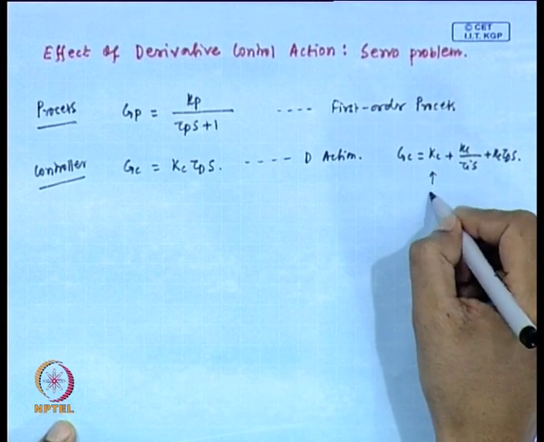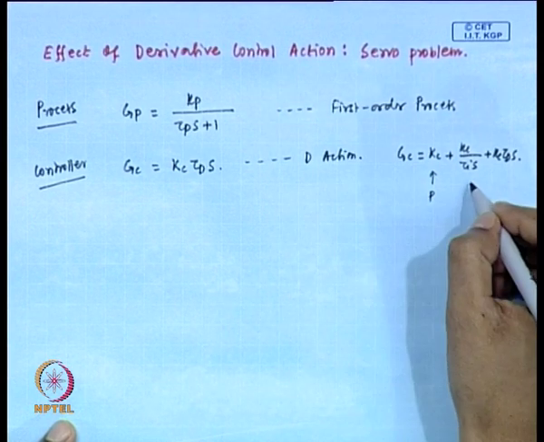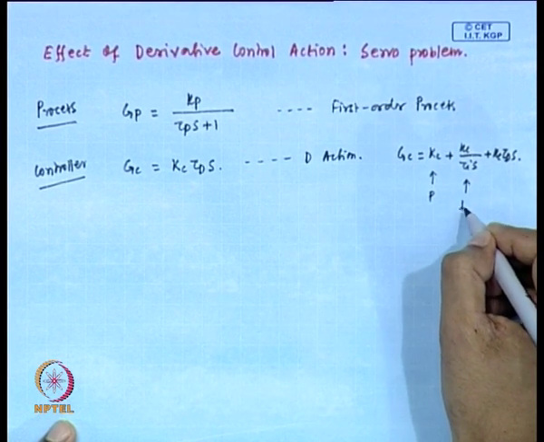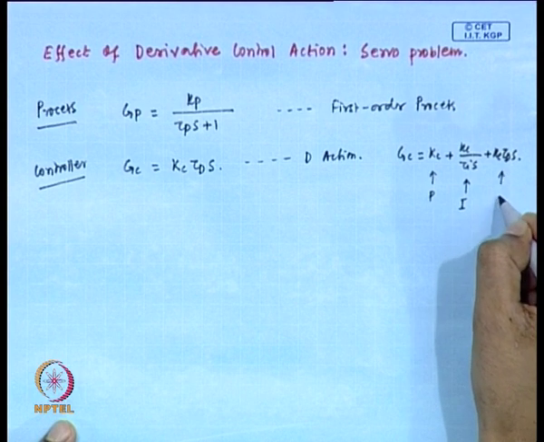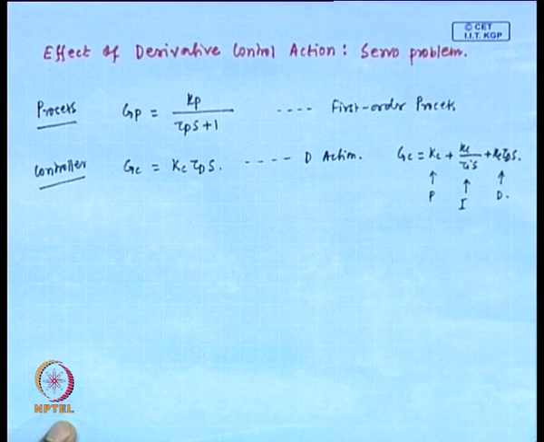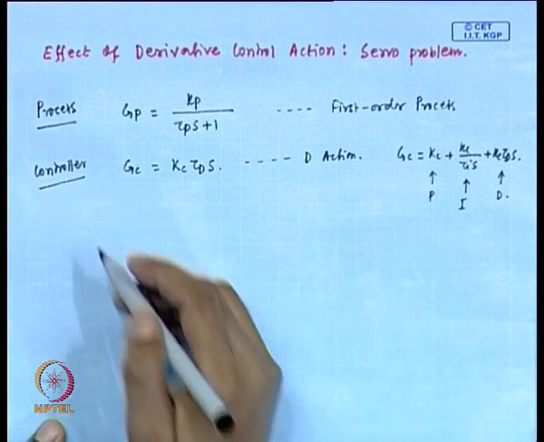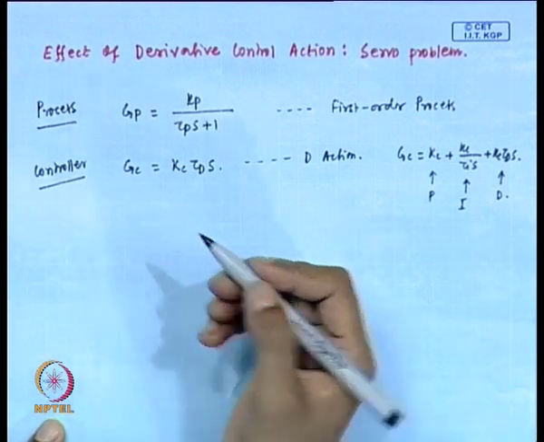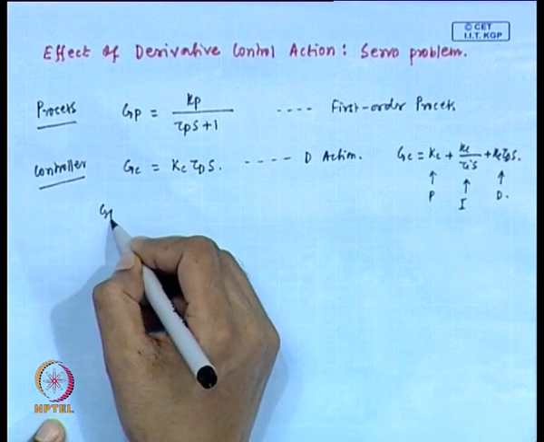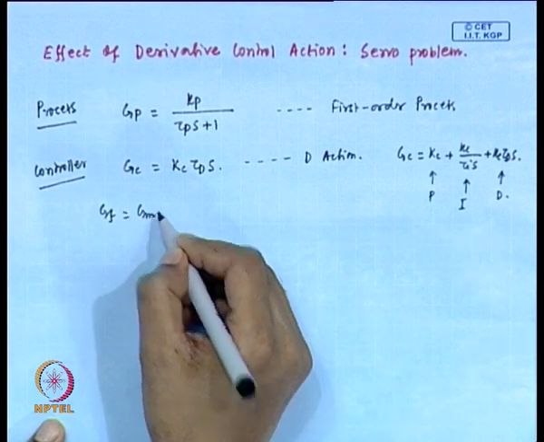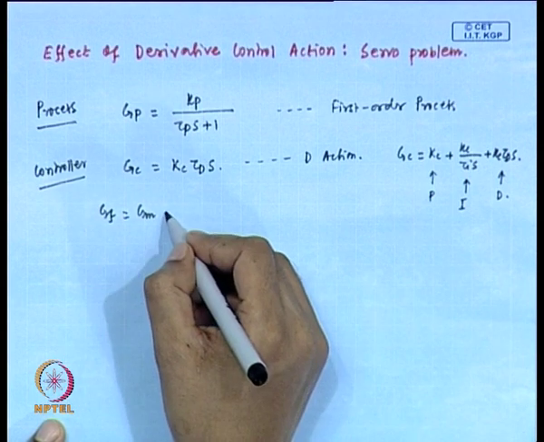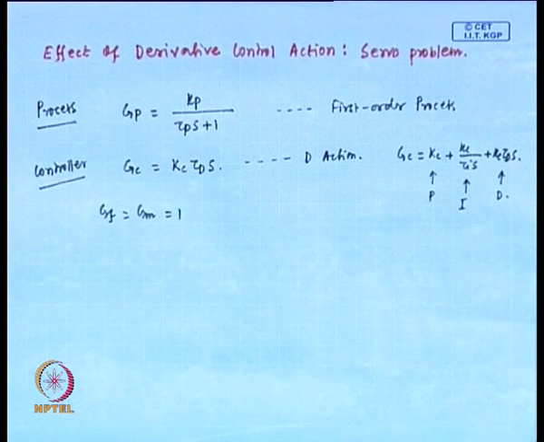This is the transfer function of proportional action, this is the transfer function of integral action, and this is the transfer function of derivative action. Fine. And for simplicity we will consider the transfer functions Gf and Gm both are equal to unity.